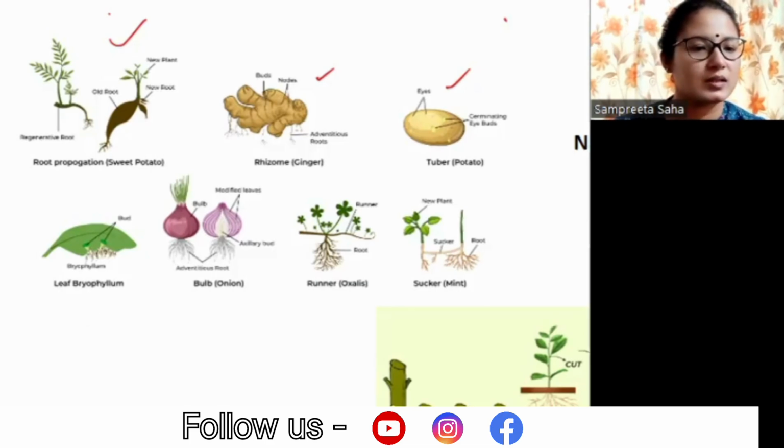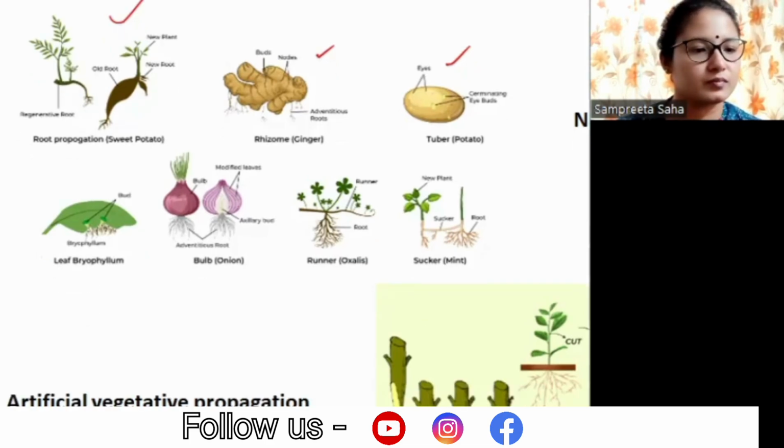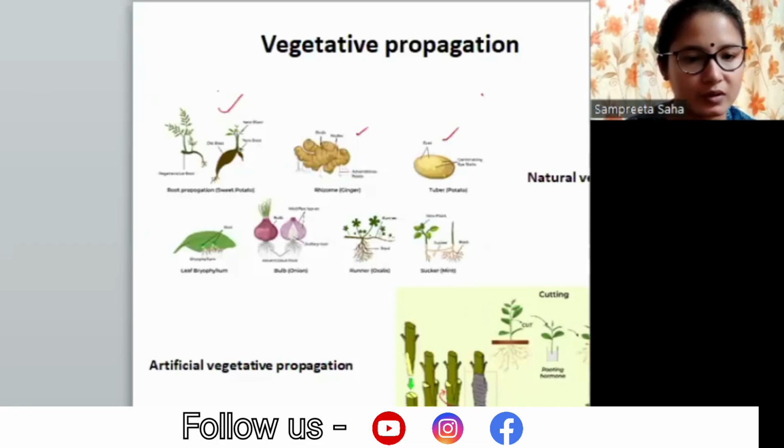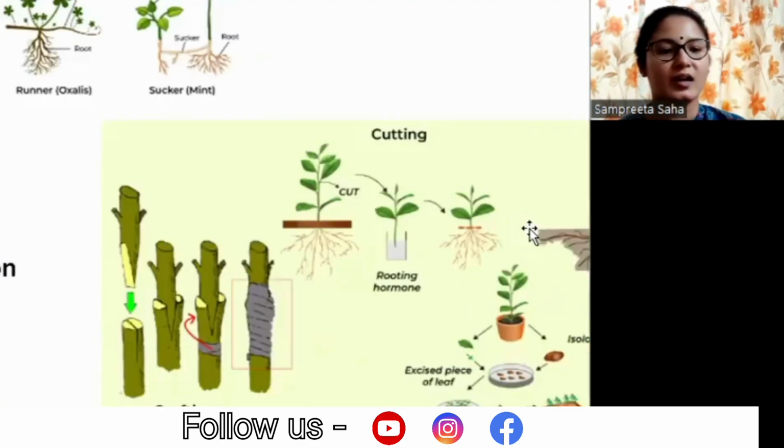Next, we will be discussing the artificial vegetative propagation. You can see that grafting, cutting, all these processes. What do we do? Whenever we are trying to pot a plant, we cut a portion of the plant.